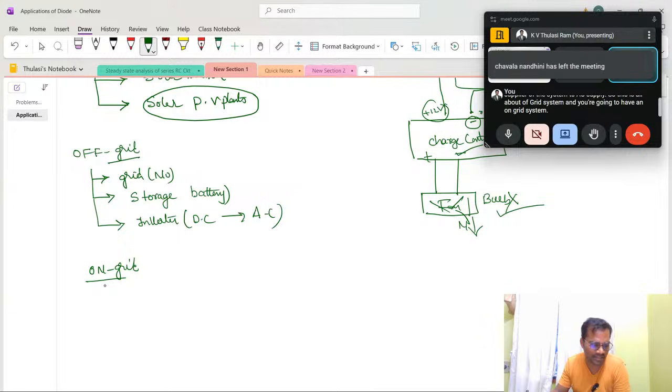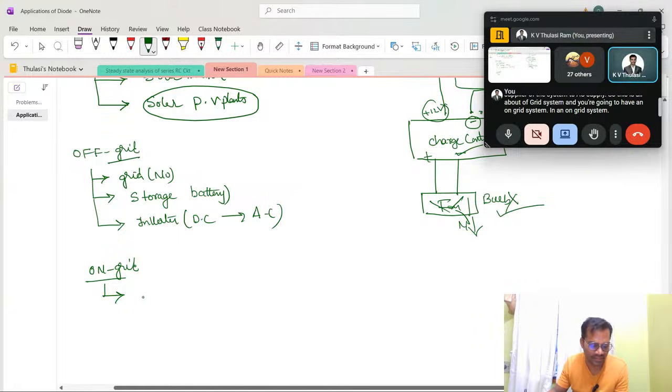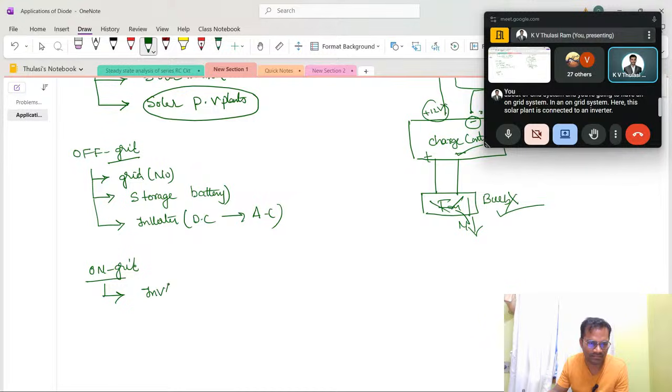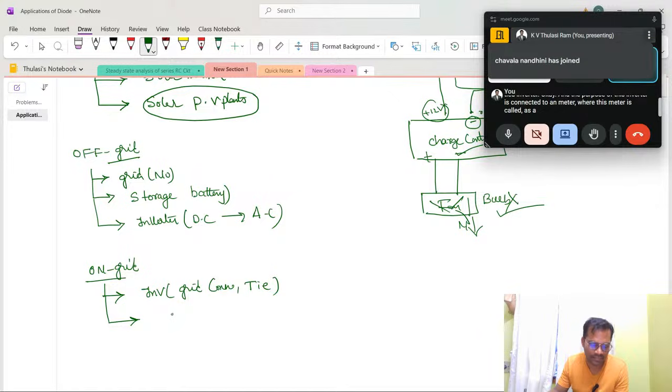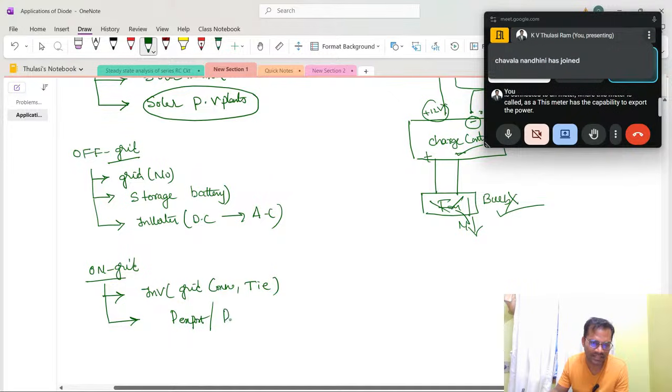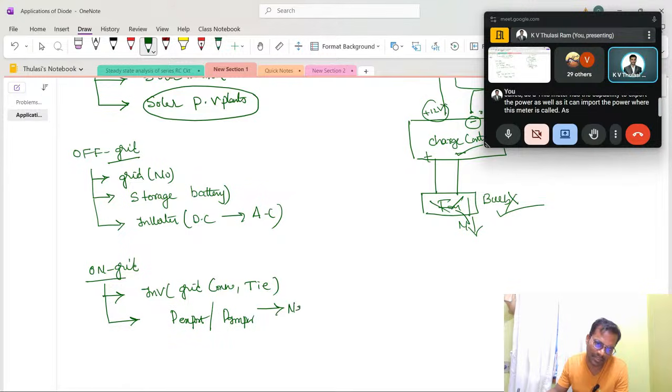Then there is the on-grid system. In an on-grid system, the solar plant is connected to an inverter, called a grid connected inverter or grid tied inverter. This inverter is connected to a meter which has the capability to export power as well as import power, called a net meter.